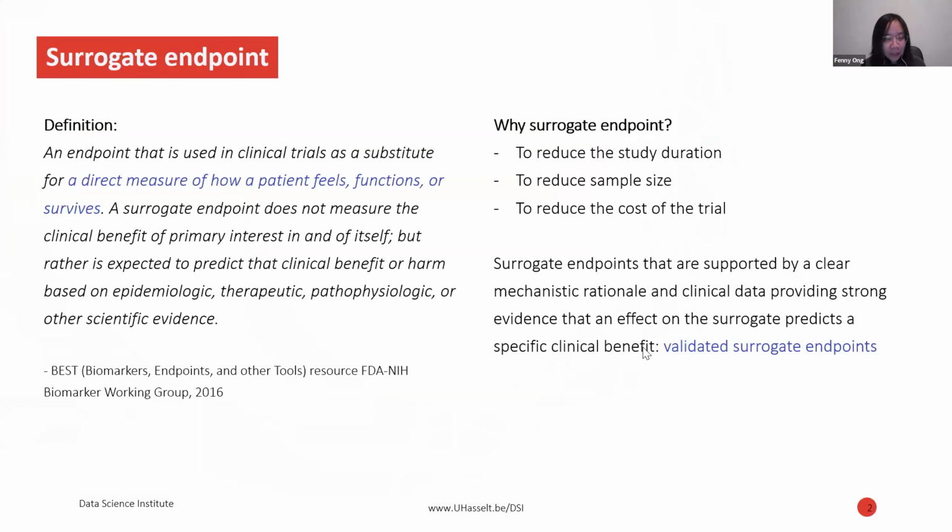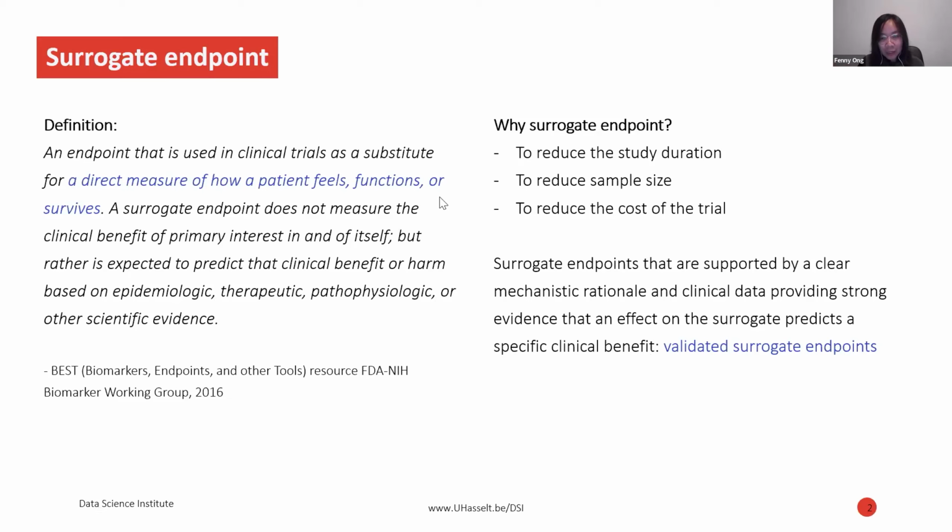Following the proposal by the Biomarker Working Group of the FDA, a surrogate endpoint is defined as an endpoint that is used in clinical trials as a substitute for a direct measure of how a patient feels, functions, or survives. This last statement refers to the definition of clinical or true endpoints, which are considered the most reliable outcomes in clinical trials, or the outcome that matters most to patients.